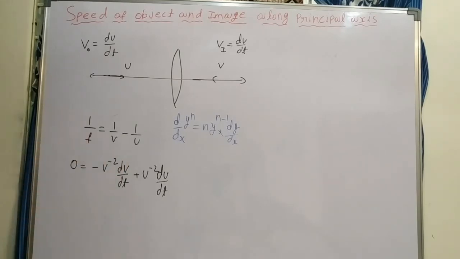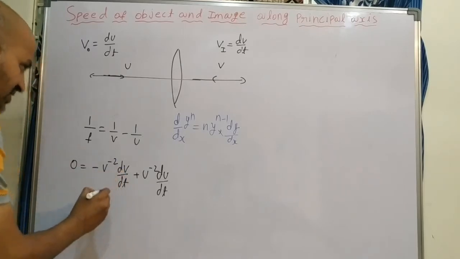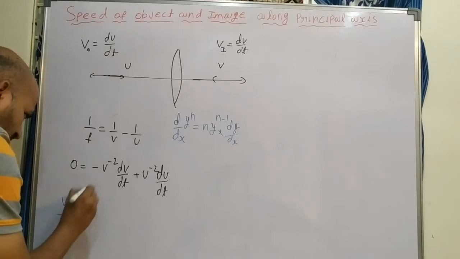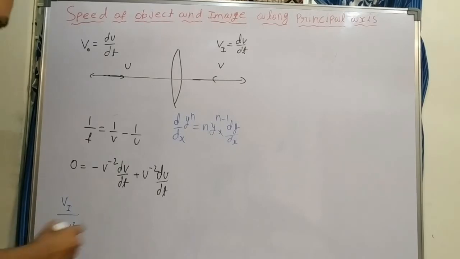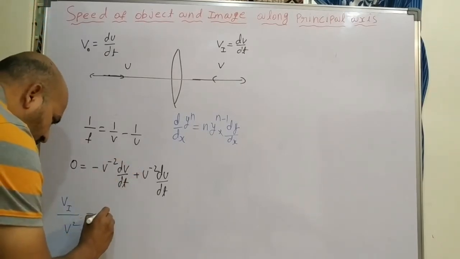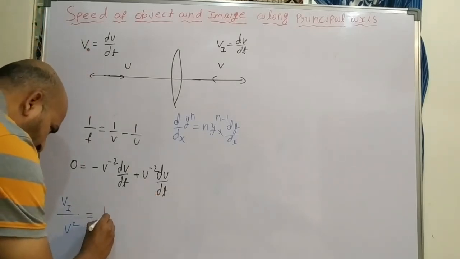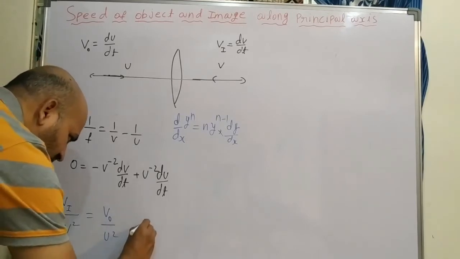And this part you can send to this side: the total dv by dt is the velocity of the image, by v square. On sending this side, the minus becomes plus. And du by dt is nothing but the velocity of the object, so velocity of the object by u square. So what is the velocity of the image?